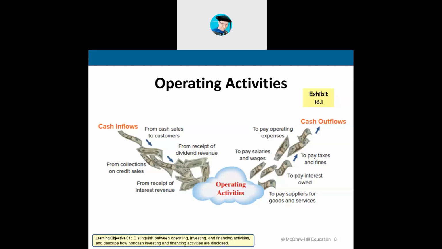Cash outflows for operating activities would include things like paying wages, paying other operating expenses, paying our taxes, paying interest owed, paying suppliers for additional goods and services, etc. Cash inflows minus cash outflows equals net cash flow.